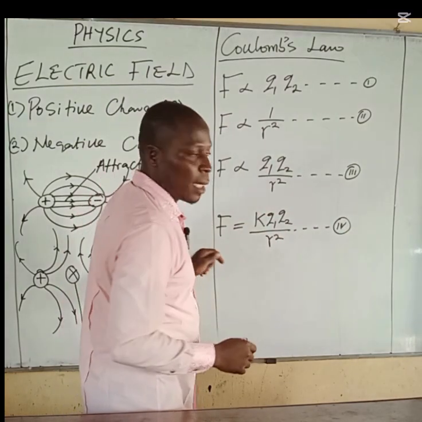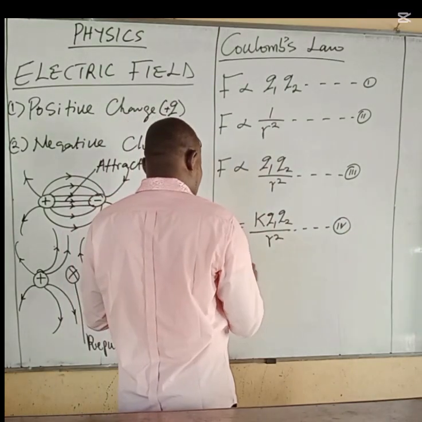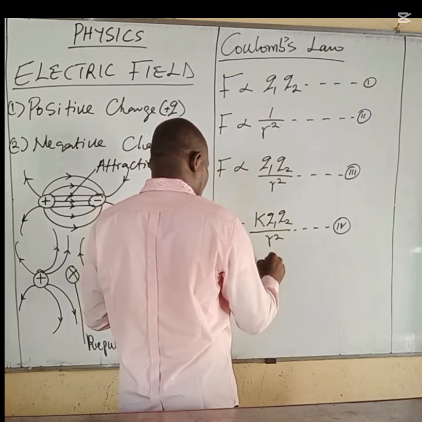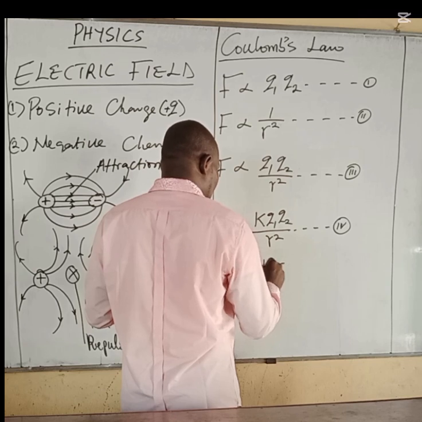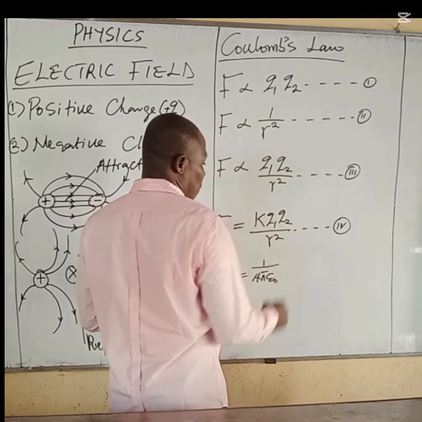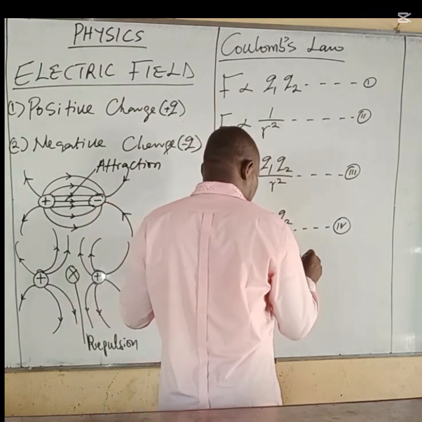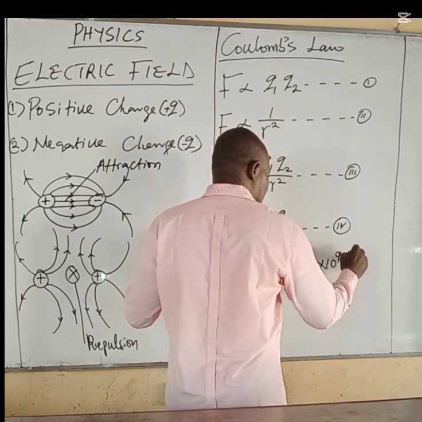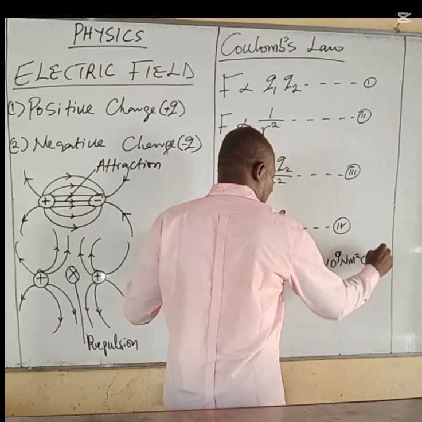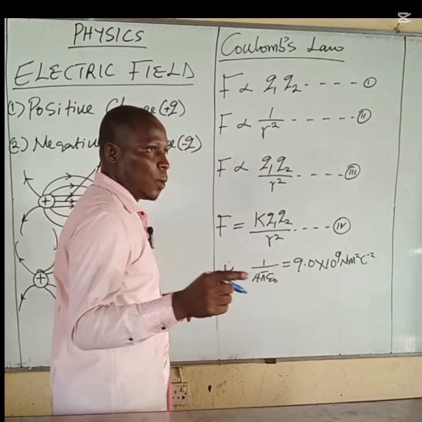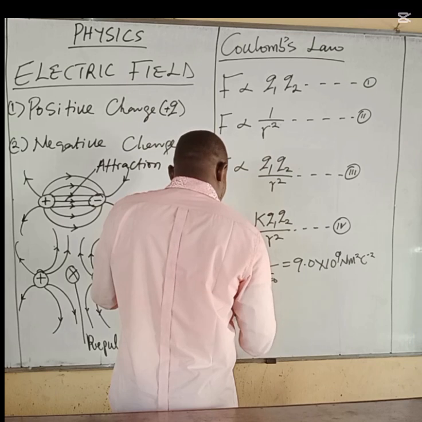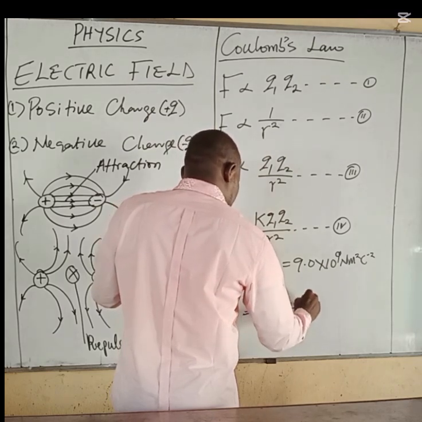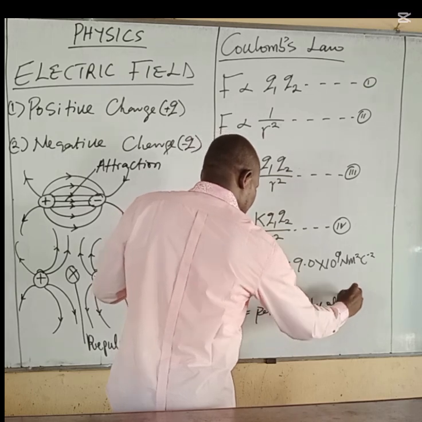Now this constant K has a value, and K is also given by 1 all over 4 pi epsilon naught, and this is equal to 9.0 times 10 raised to power 9 Newton meter square per Coulomb square, where epsilon naught is called the permittivity of free space.